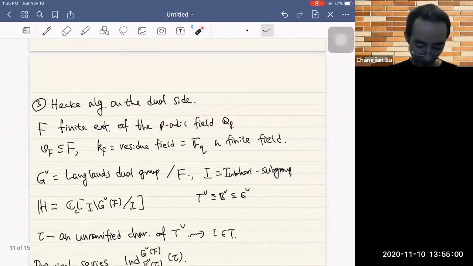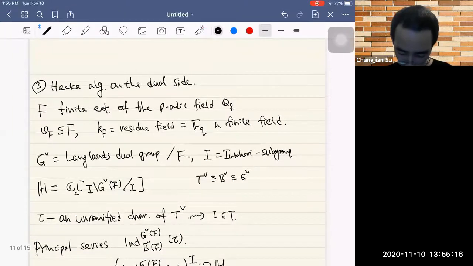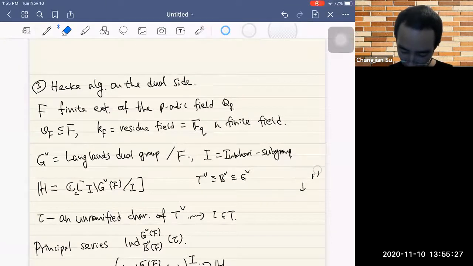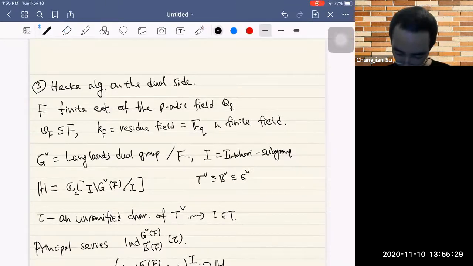So then we can consider this G check, which is the dual group over this non-Archimedean field F, and we can also consider the dual torus and the dual Borel subgroup, and I is the Iwahori subgroup. So you can consider all the F points of G check, and then you can mod out the maximal ideal, then you get to the k_F points.